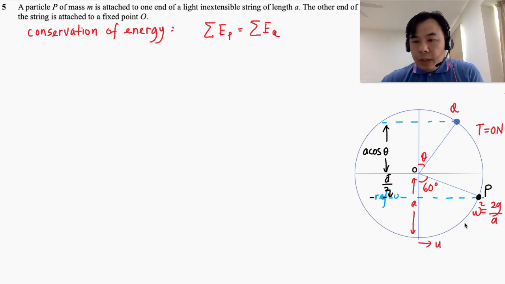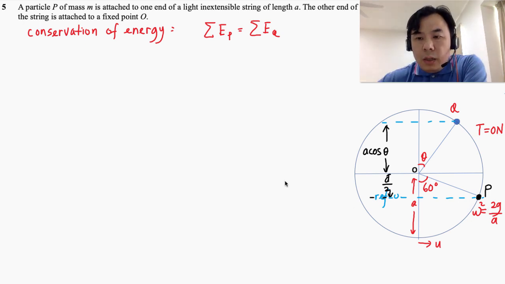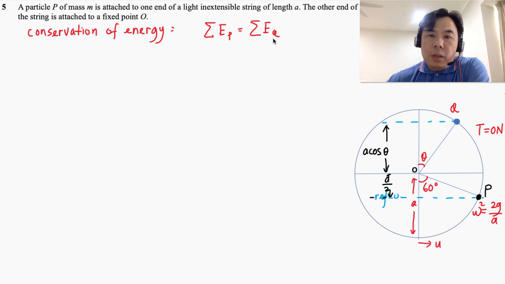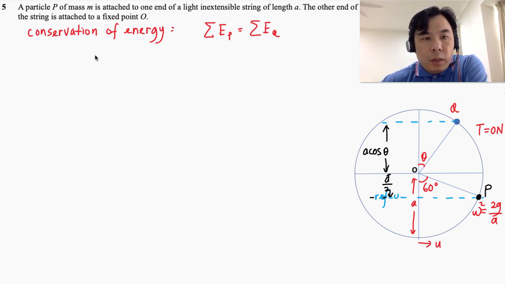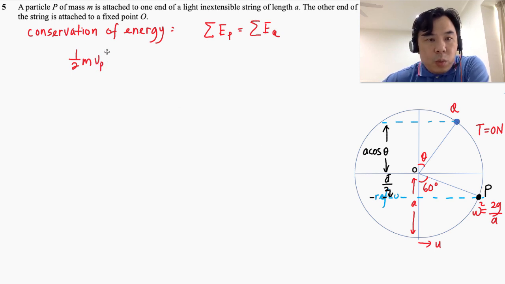Now, besides that, if we know the angular speed here, we are going to use conservation of energy. Total energy at P must be the same as total energy at Q. At P we have kinetic energy, which is given by half m v_P square, the speed at P itself.